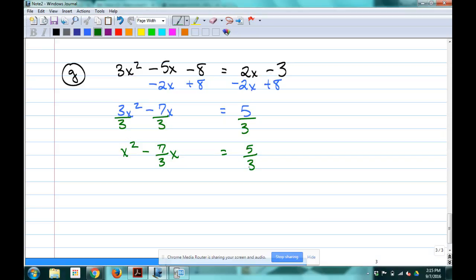All right. Now, half of b. Notice I've been writing it like this every time. Negative 7/6. Squared is 49/36. I just need to know what 5/3 plus 49/36 is.